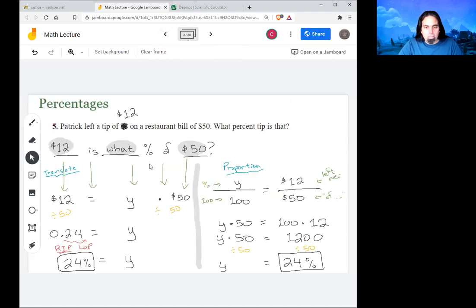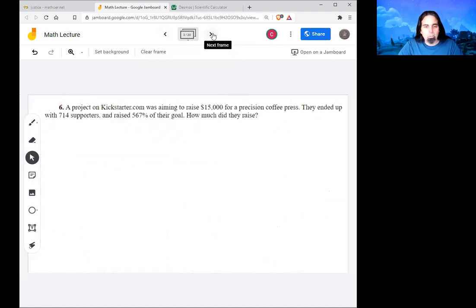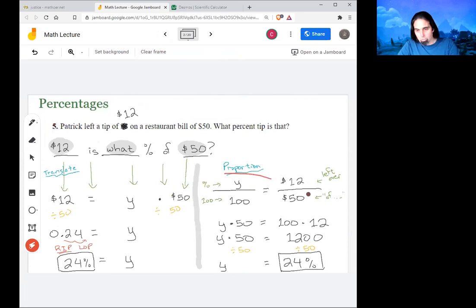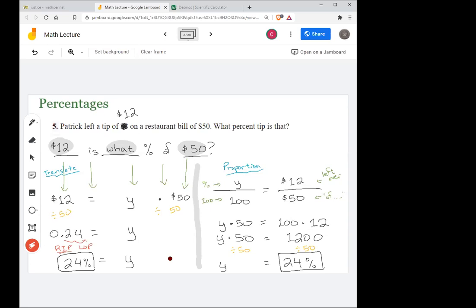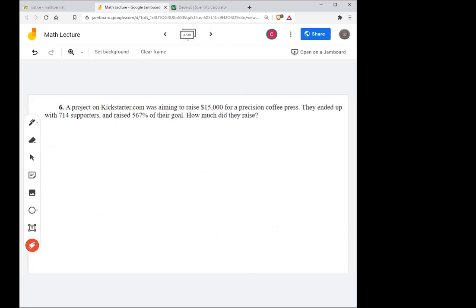Okay, so same thing, same setup going on here. Do you want me to arrange things differently so we have room for me to draw the cross multiplying swooshes? Sure. Sure, okay.